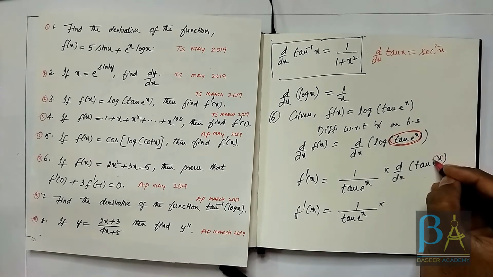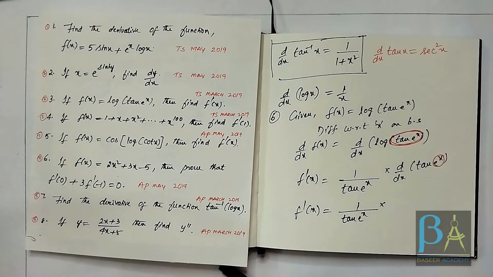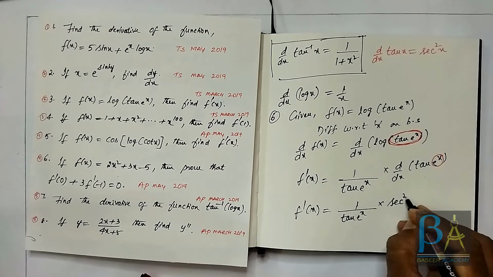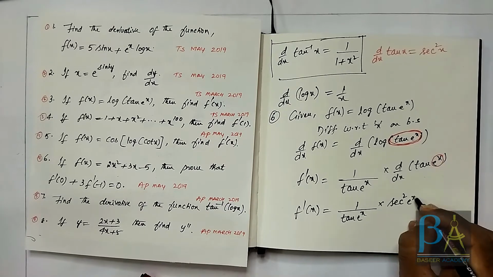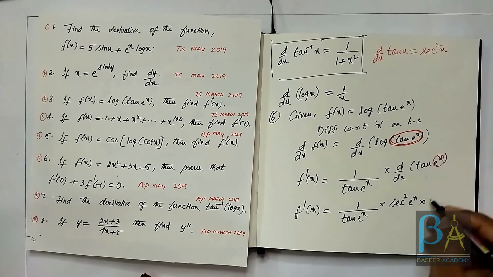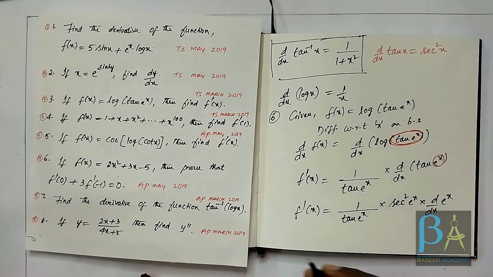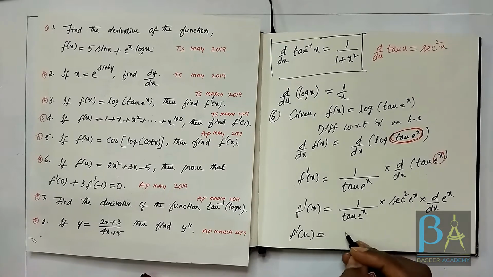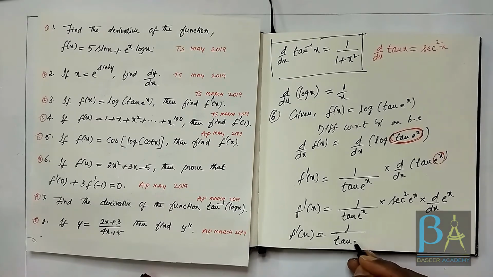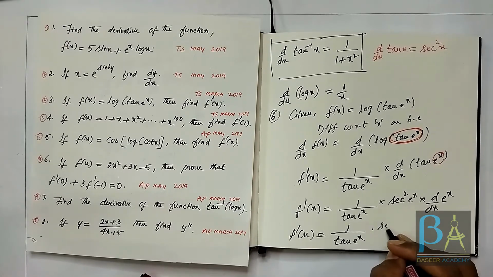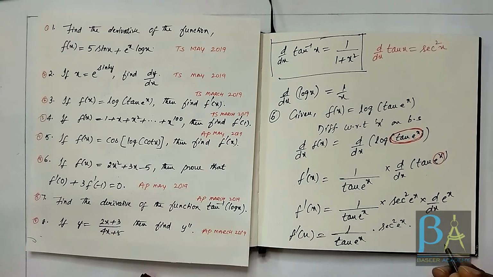So I'm going to assume that this is x. d by dx of tan x is nothing but secant square x. But in reality this is not x. So as per the chain rule, I'm supposed to differentiate this now. Now what happens? f dash of x is 1 by tan e power x secant square e power x. d by dx of e power x is nothing but e power x itself.